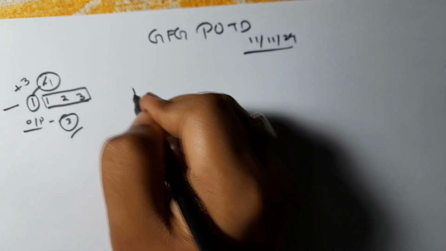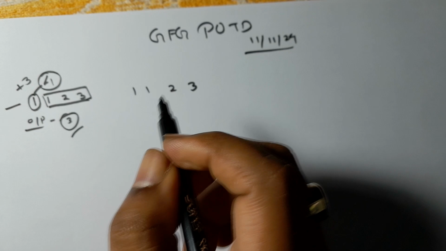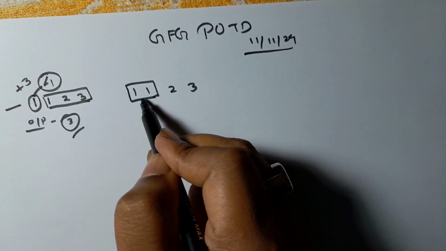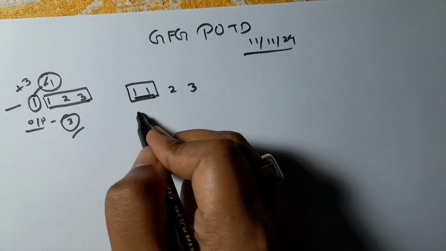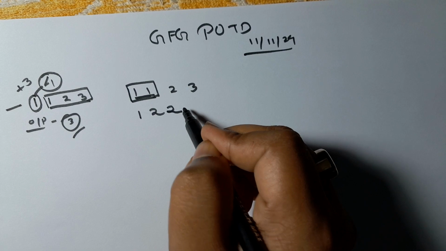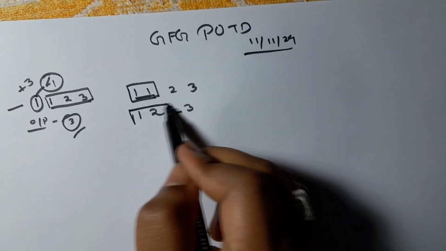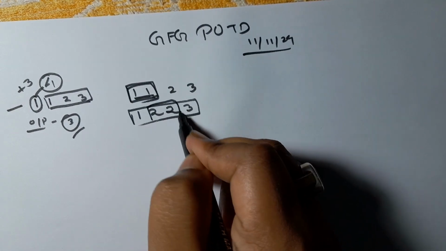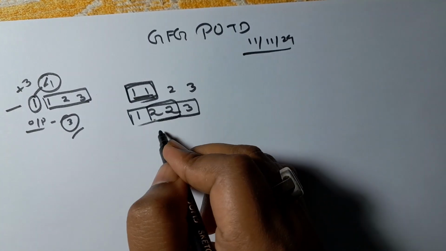Instead of this, what we can also do is check the pair. These two ones are the same, so I will make 1 2, and my array will become this. This pair we have checked. Now we will check this pair, 2 2.